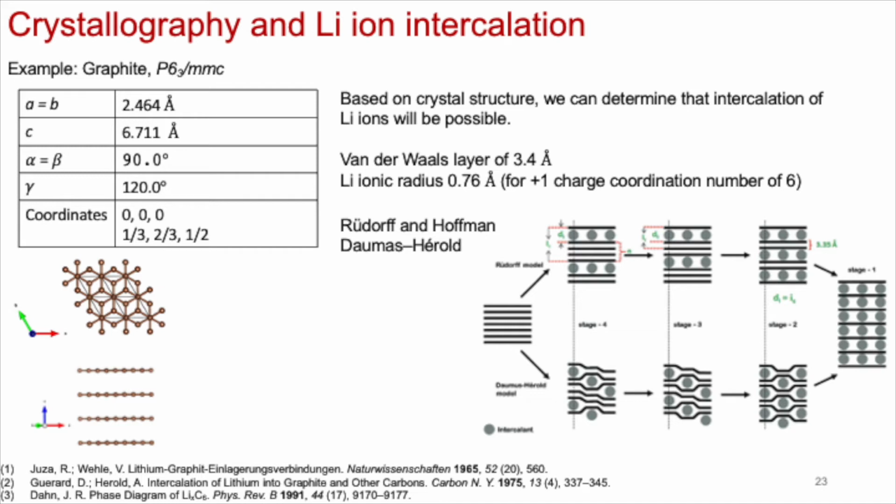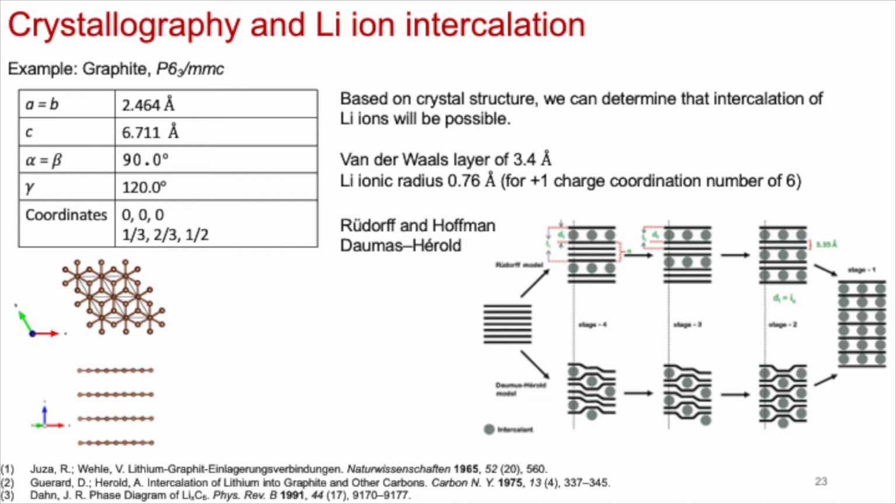If we look down the C-axis, we see the honeycomb structure. If we look from the side, we see the van der Waals layer. So that confirms what we discussed already as a group. But then we look specifically into what this spacing actually is, which is 3.4 angstrom.